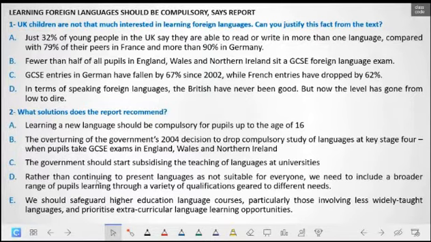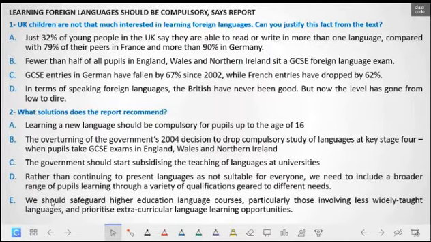The government should start subsidizing the teaching of languages. Subsidizing means supporting. Subsidizing the teaching of languages at universities. Rather than continuing to present languages as not suitable for everyone, we need to include a broader range of pupils learning through a variety of qualifications geared to different needs.